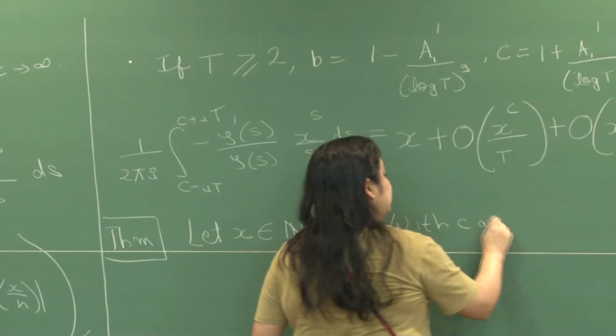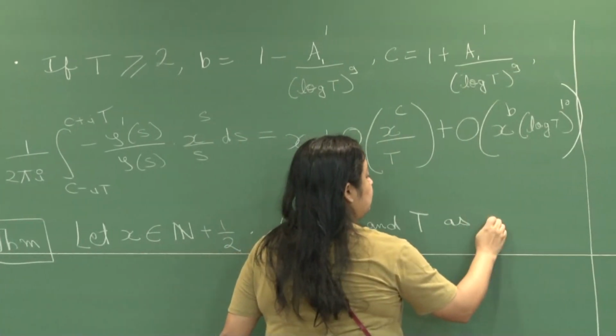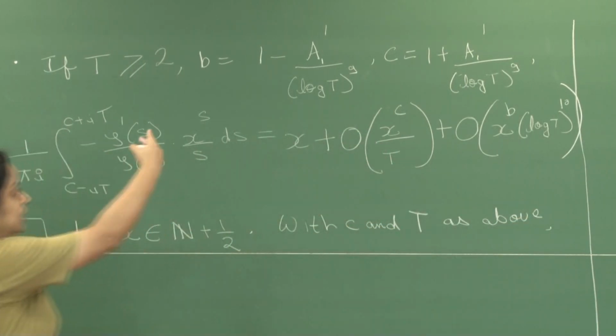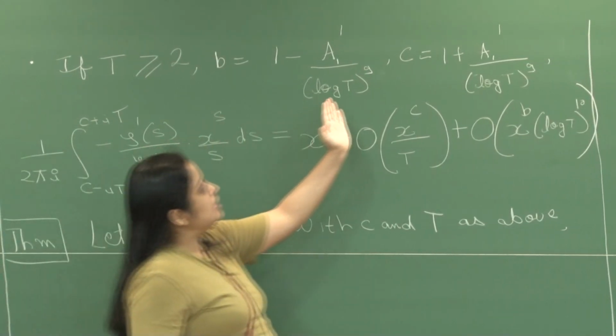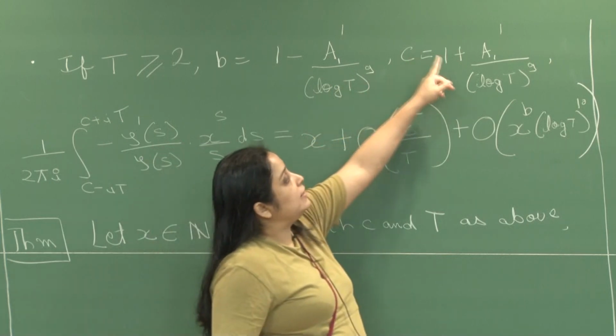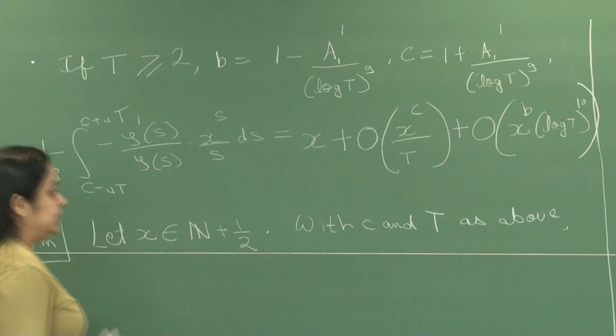So let x be as mentioned here with c and T as above. So capital T is something greater than or equal to 2 and c is something that is a little bit shifted to the right of 1, but which becomes closer and closer to 1 as capital T becomes very, very large.